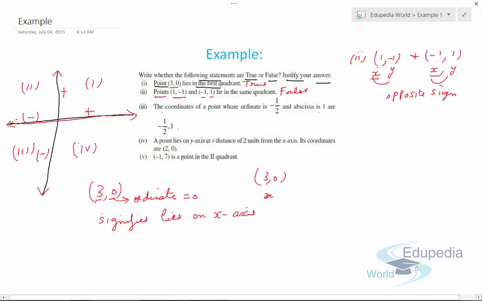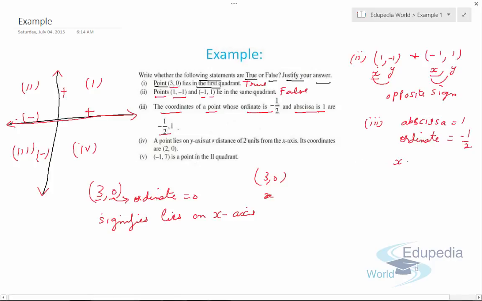The third question is, the coordinates of a point whose ordinate is -1/2 and abscissa is 1 are (-1/2, 1). So let us discuss again how to write a point. Here in the third question it is given that abscissa is 1 and ordinate is -1/2.